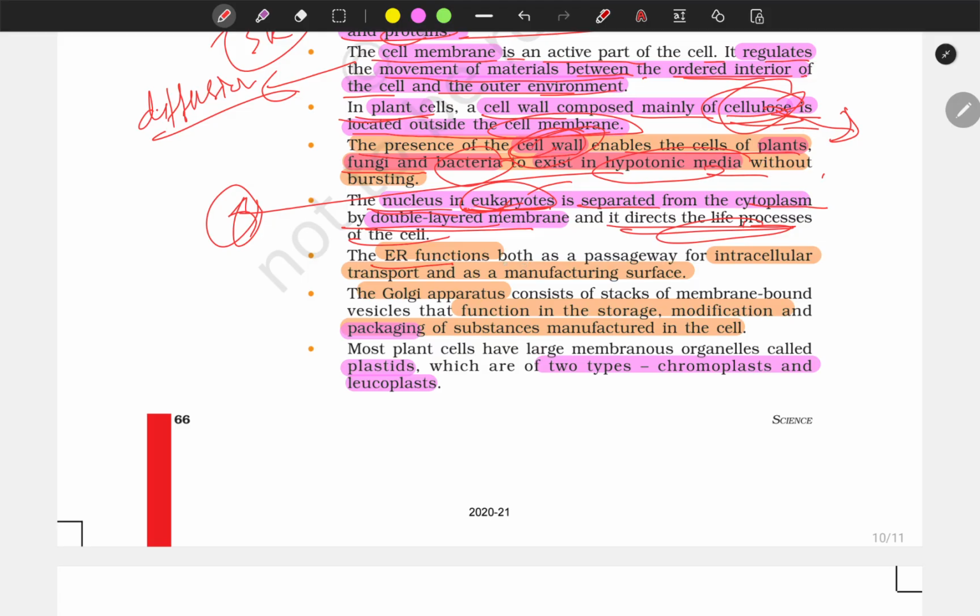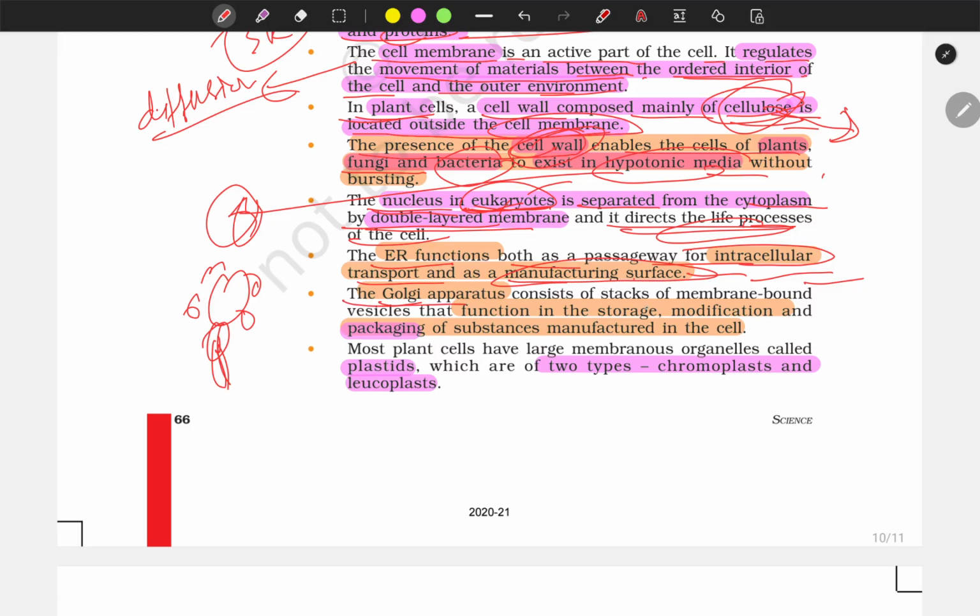ER functions both as a passage for intracellular transport and in the manufacturing of proteins and fat. We have discussed that smooth ER manufactures fat, and rough ER has ribosomes on the surface, and these ribosomes manufacture proteins.